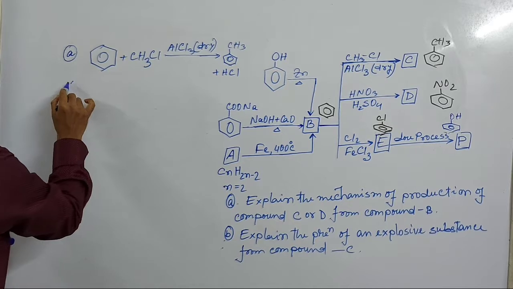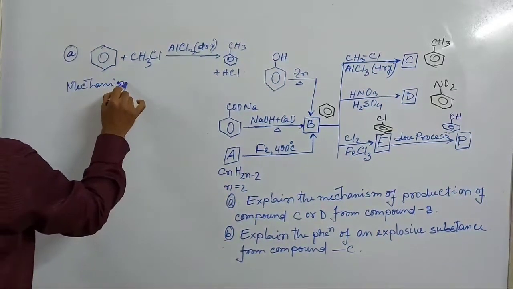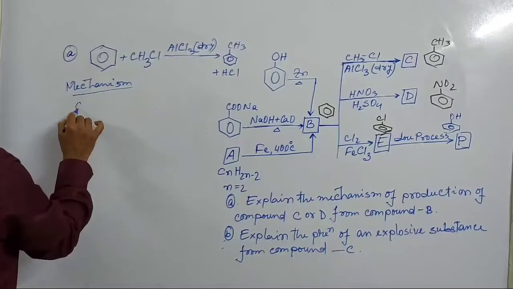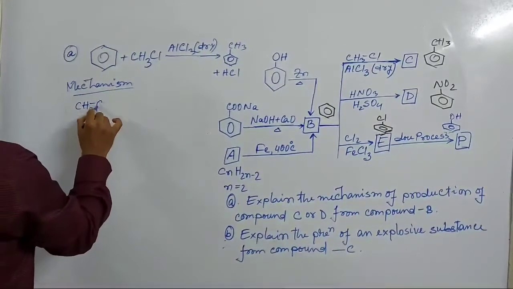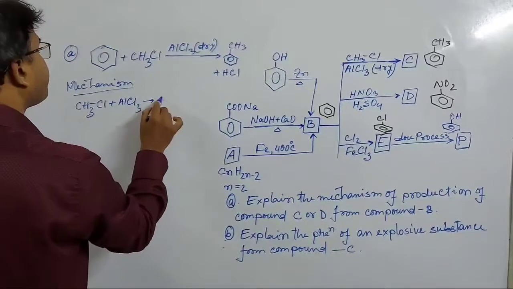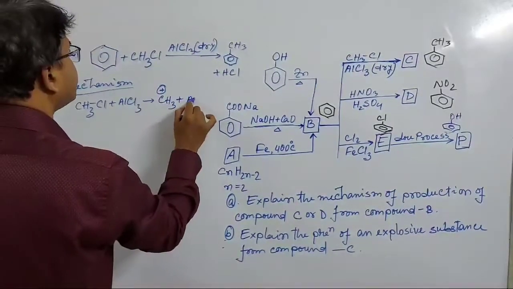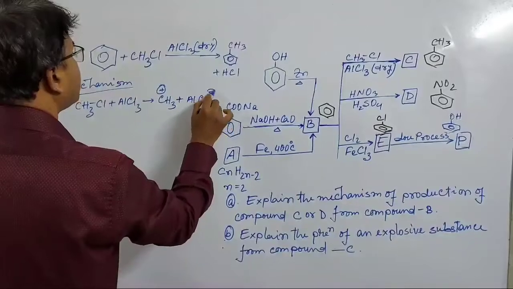The first step of the mechanism: methyl chloride reacts with aluminum chloride to produce methylinium ion plus aluminum tetrachloride ion.